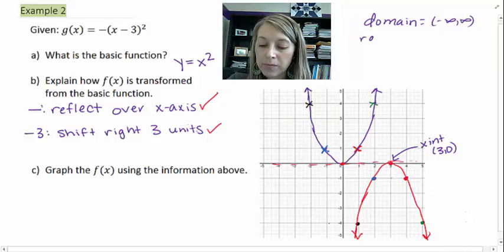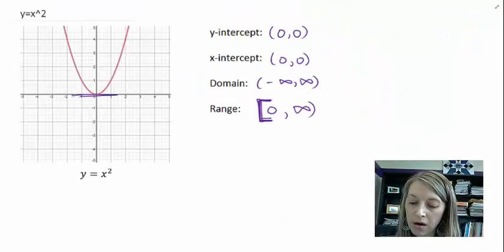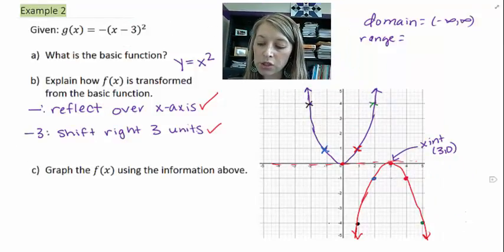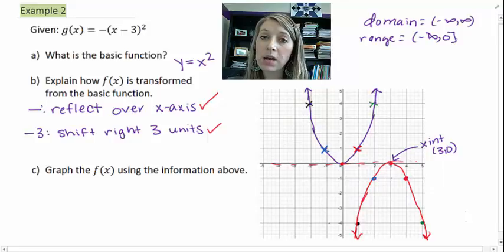My range now is going to change completely, because notice the range when we did it with our basic function went from 0 to infinity. Well, since I reflected it, that's going to adjust our range. It goes down forever, so negative infinity, up to this value here, which is 0. So since I reflected my image, that also reflects my range.